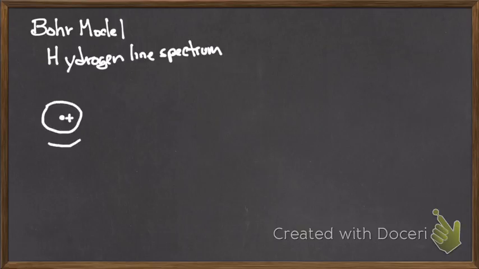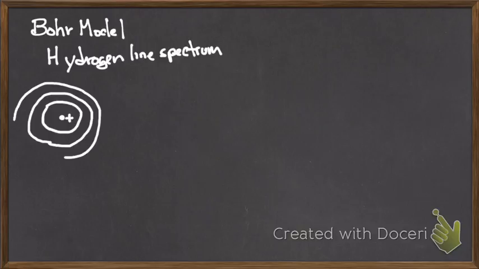So if this is a planetary system, the nucleus is like the sun, right? These are the orbits, right? So his idea was you have these orbits, and inside these orbits you have electrons, and the electrons are moving around orbits. So remember, how many electrons does hydrogen, the atom, have? One. Just the one, right? So it's got this one electron in this orbit.